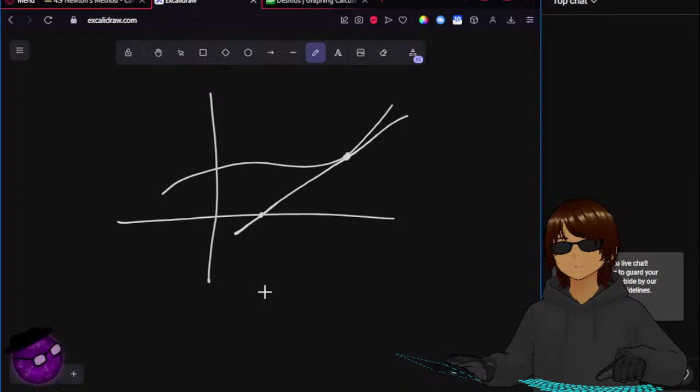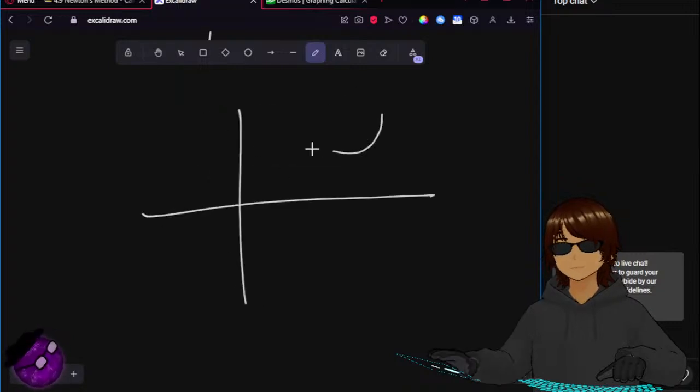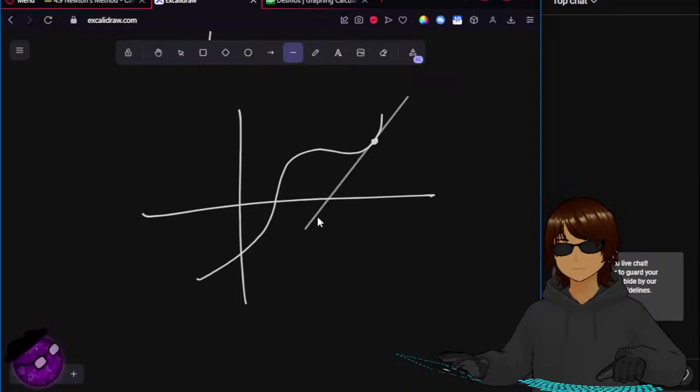But there's no root here. Sorry. I'll just do this. Like that. And then take this point. Find the gradient.